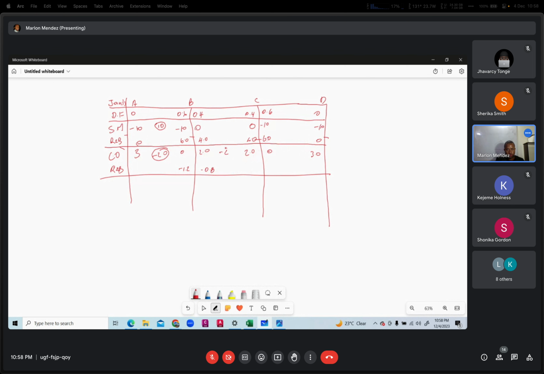Minus 2. Apply that. By now you kind of get a little rhythm. This becomes minus that.